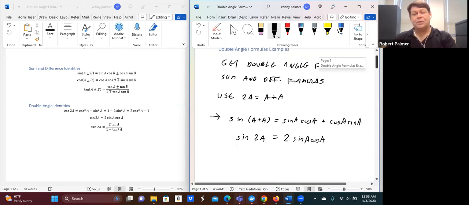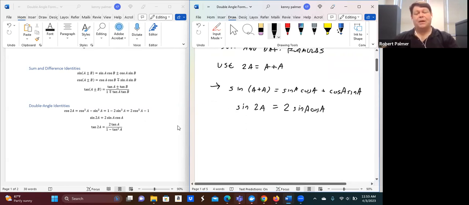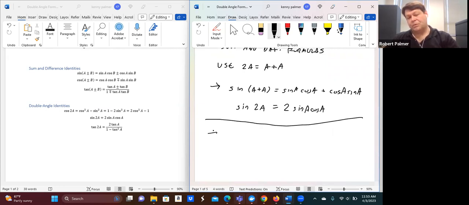Now let's look at the cosine. There are actually three versions of the cosine, and we'll explain where those come from as well. Next, let's do the cosine of a plus a. From the formula, it's the cosine of a times cosine of a, and then since we're using a plus, the top sign, we use the top sign here, which is a minus, then the sine of both angles, so the sine of a times the sine of a.